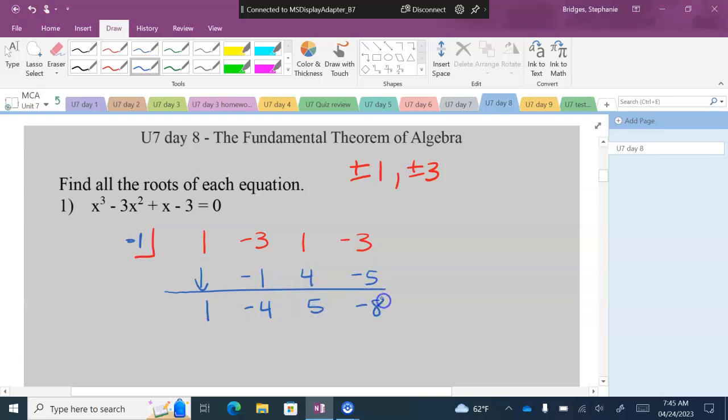We multiply. Did I get a remainder of 0 that time? Okay, so that means negative 1 is not a solution. So then we're going to try the other 2 possible rational solutions. We're going to try positive 3 first. Again, you can either erase or you can just start over.